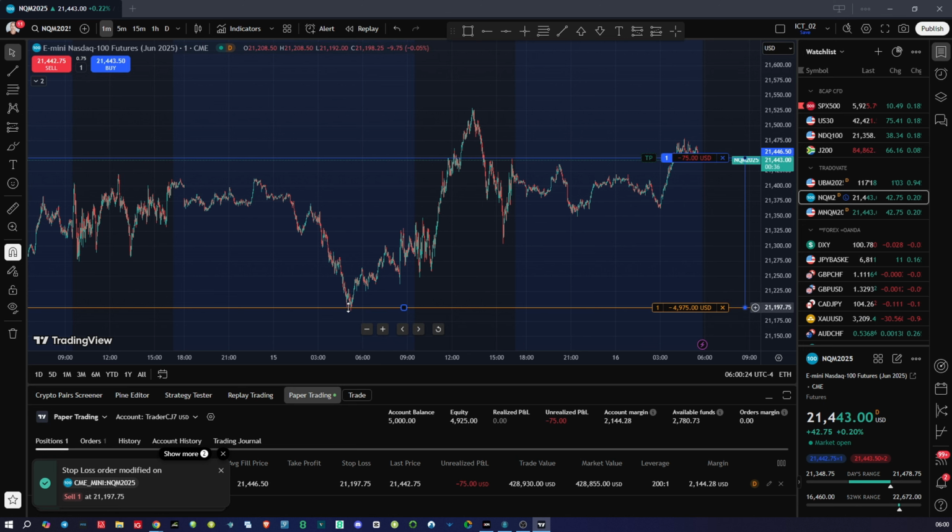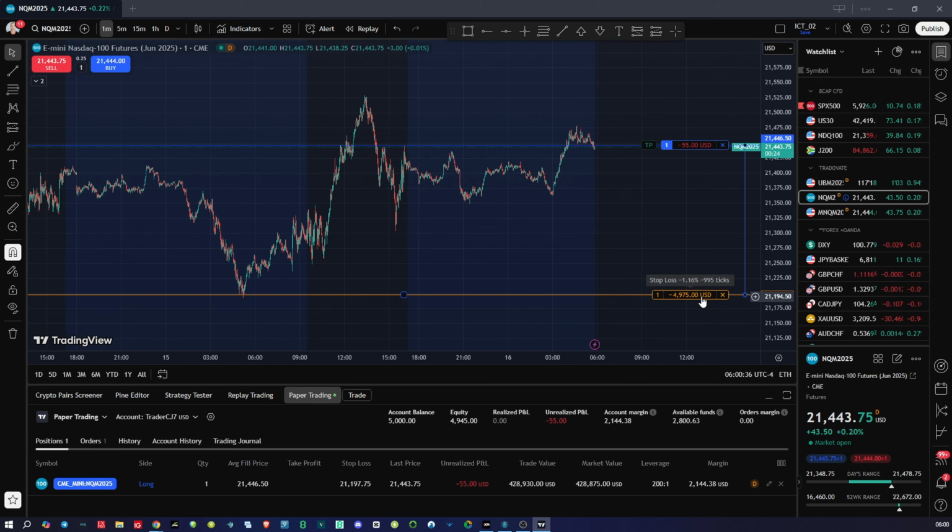For example, the low of yesterday was at this price point, 21,200. So if price goes back to yesterday's low, I'm going to lose the account, $5,000. I'm going to lose everything in this account if you buy one Nasdaq.